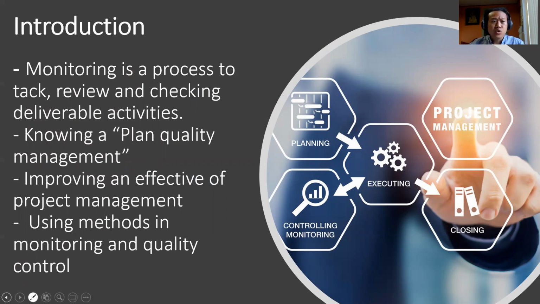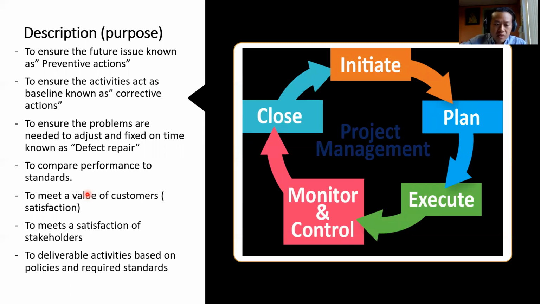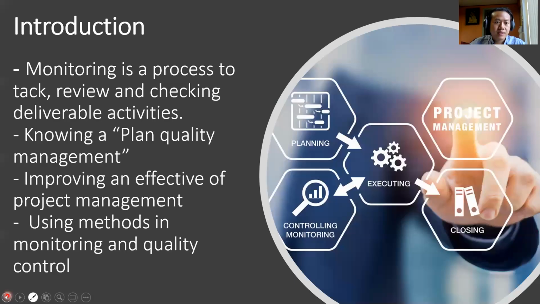So as you know, monitoring is obviously known by its name. This is a process to check, track, and review to ensure that all the activities are working according to the plans, or the initial plans. And the second point is to make sure that we have quality management plans to cope with the problems that are going to occur.